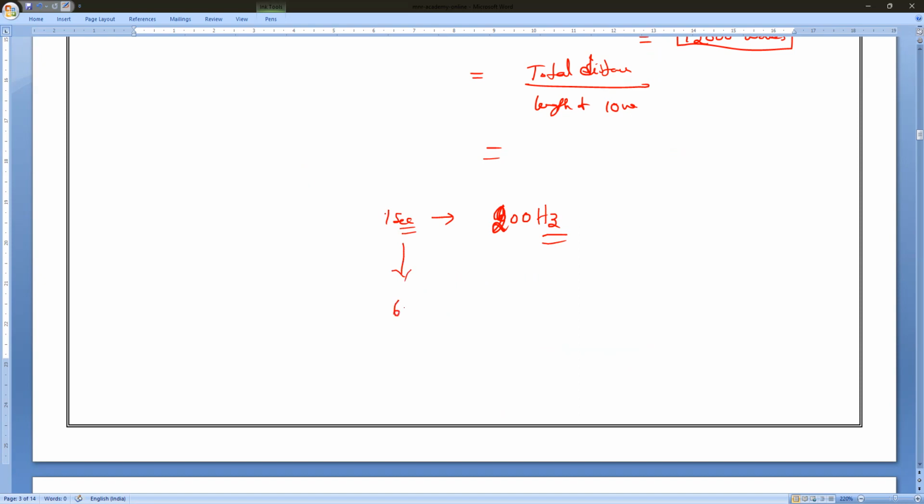Now 1 second becomes 60 seconds, which is 1 minute, correct? So 60 seconds equals 60 into 200. 6 twos are 12, so 12,000 waves. Directly it will come.